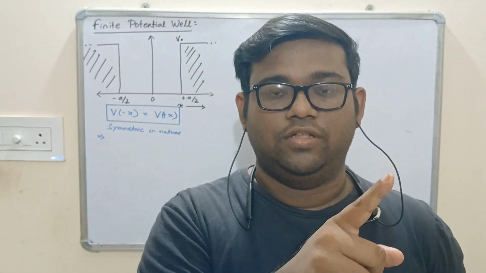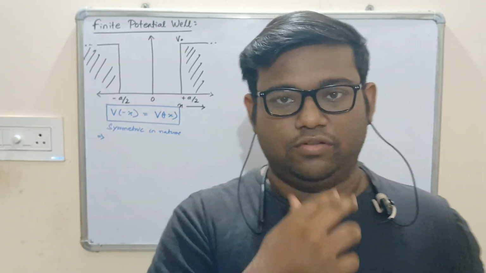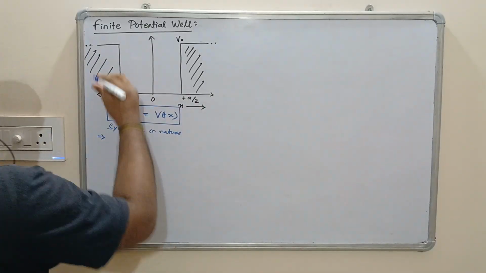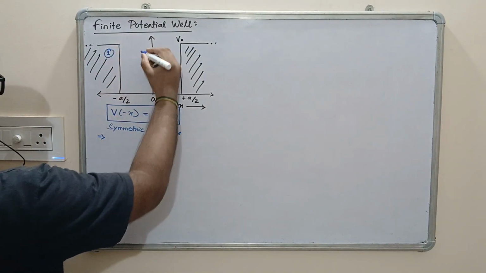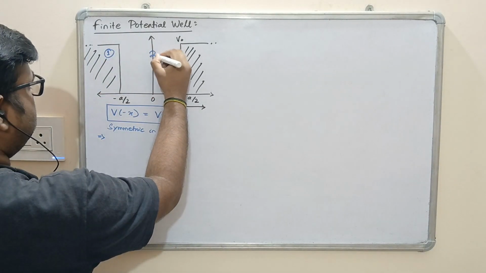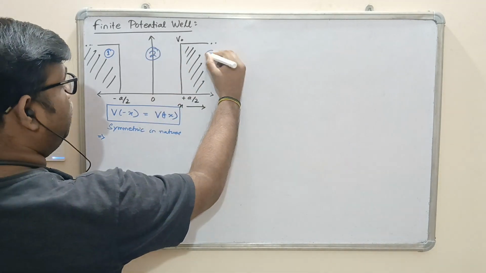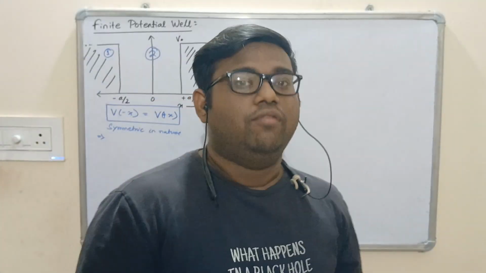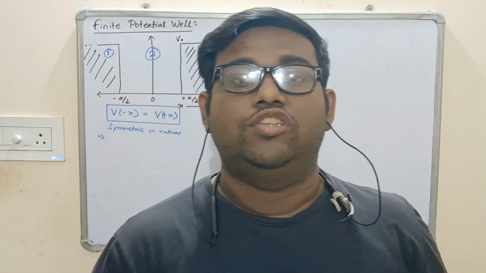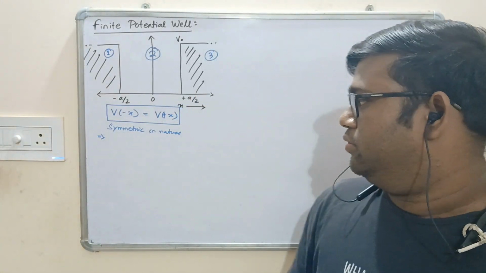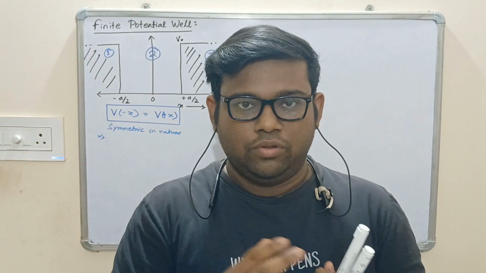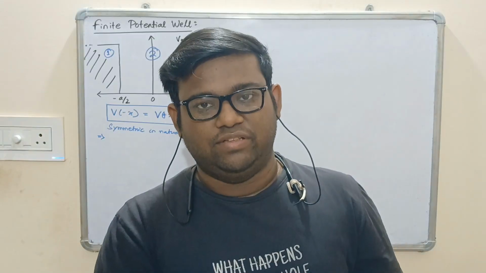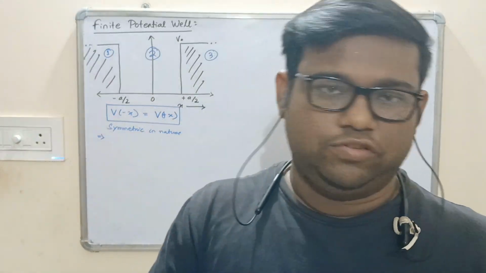One is the odd wave function, another one is the even wave function. So we have to remember that this is your region 1, this is your region 2, this is your region 3. In region 2, you must have odd function and even function both, because both are possible. If the potential is symmetric, the psi can have both odd and even solutions. That is a property of symmetric potentials.